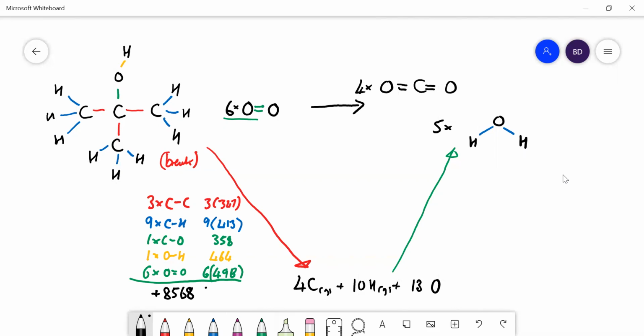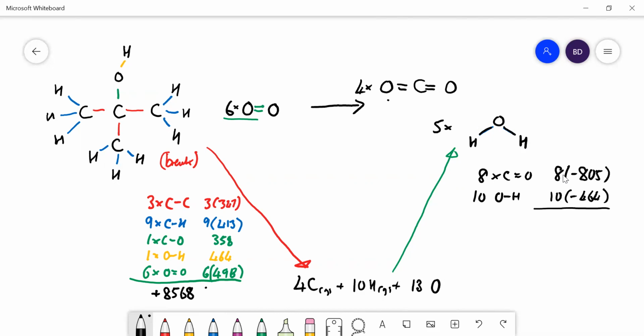Now on the green arrow on the right hand side, we are going to be making bonds. So these are all going to be negative values. We're going to make 8 carbon oxygens, so that is 8 times minus 805. And we're going to make 10 of these oxygen hydrogens, so that's 10 times minus 464.